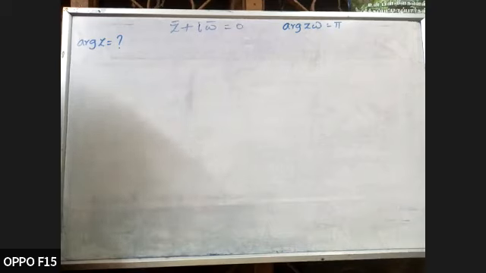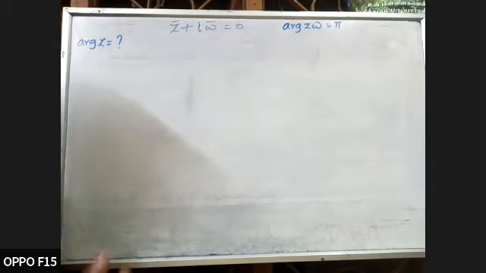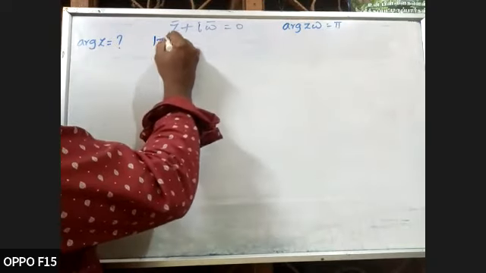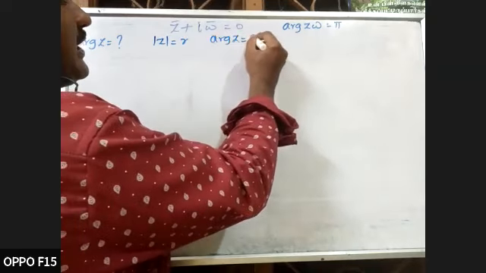I want to find out argument of Z here, so I am just introducing Z in polar form. Let us take modulus of Z equals R and argument of Z equals theta.